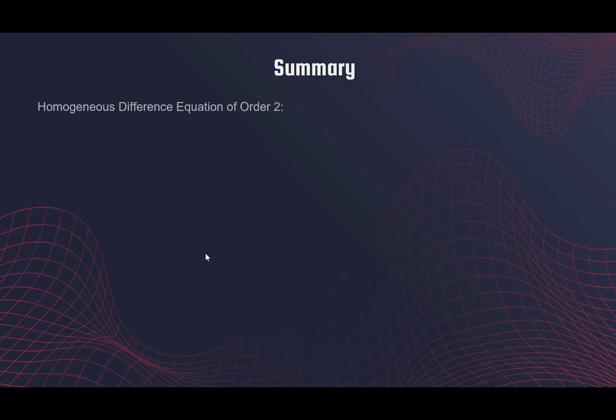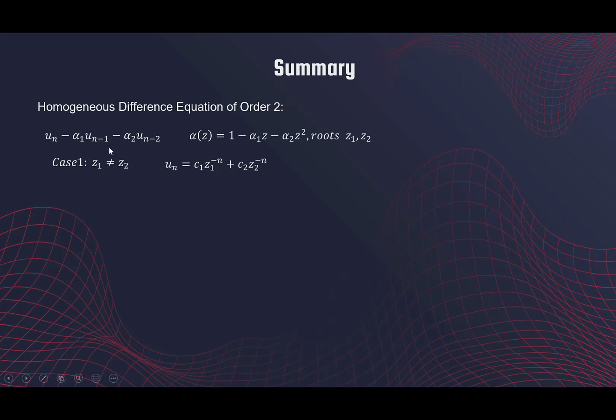So just to summarize, okay, this is the homogeneous difference equation of order 2. This is the associated polynomial. It has two roots, Z1 and Z2. We have case 1 where Z1 and Z2 are distinct. In that case, this is how the solution looks, right? So remember, alpha 1 and alpha 2 are known, and to compute this solution completely, we need to determine C1 and C2, and we used initial conditions to get what C1 and C2 look like.